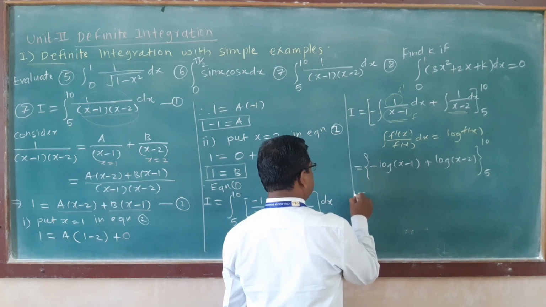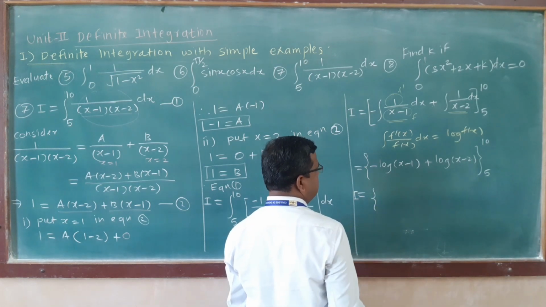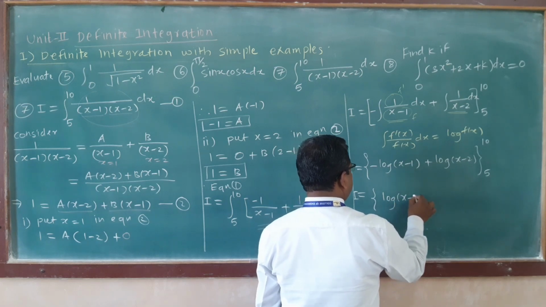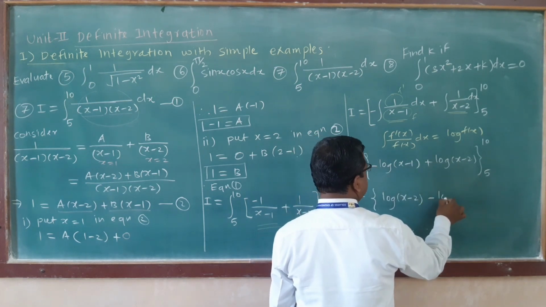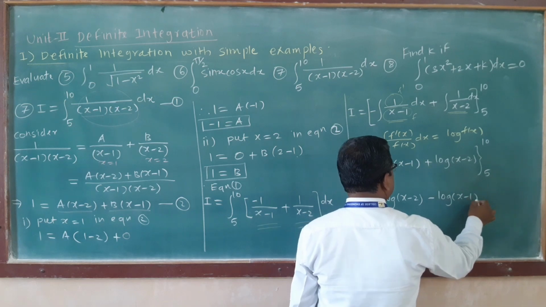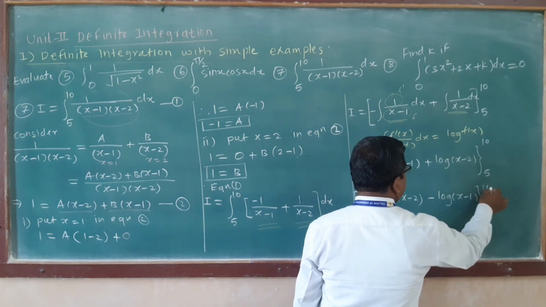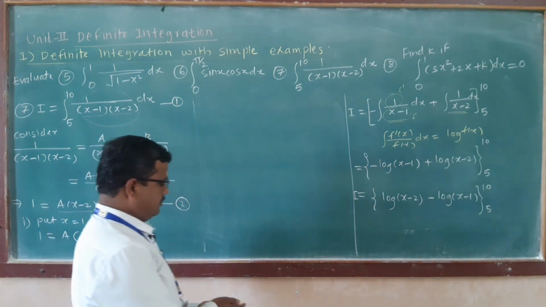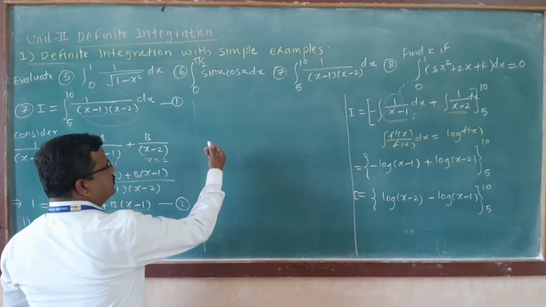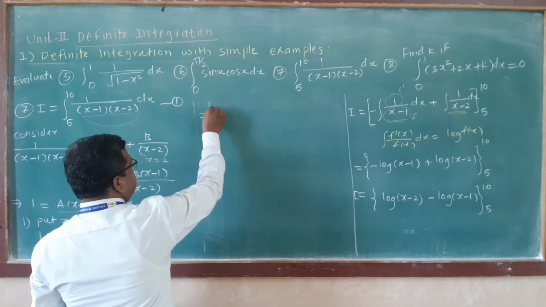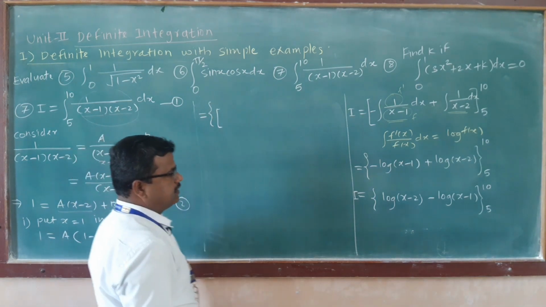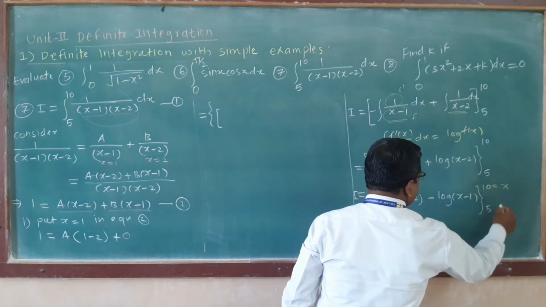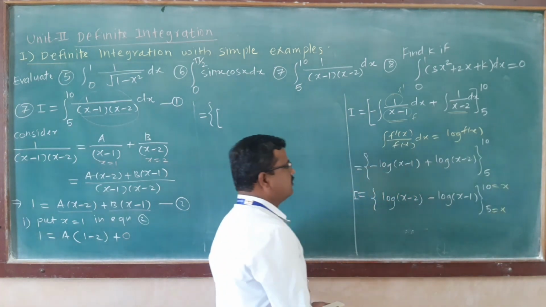Or more precisely, we write like this. I is equal to, write this positive term first, log of x minus 2 minus log of x minus 1 within the limit 5 to 10, which is equal to, now put upper limit x equal to 10, minus lower limit x equal to 5.